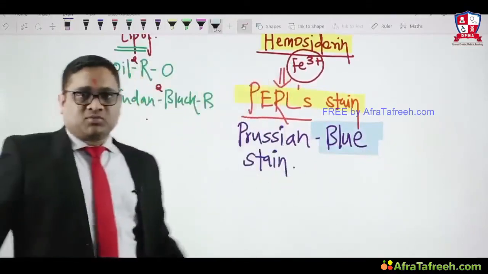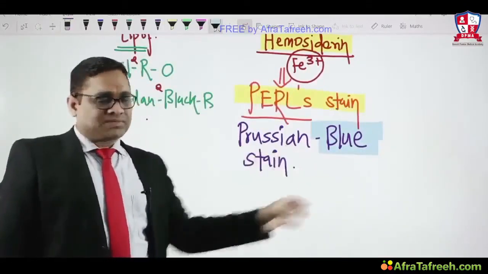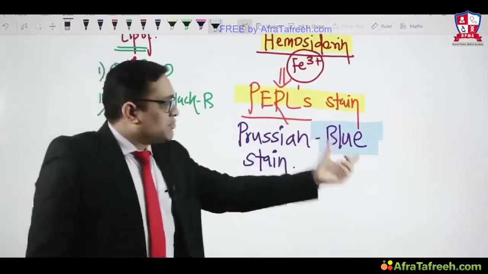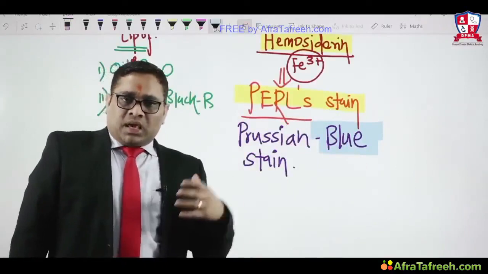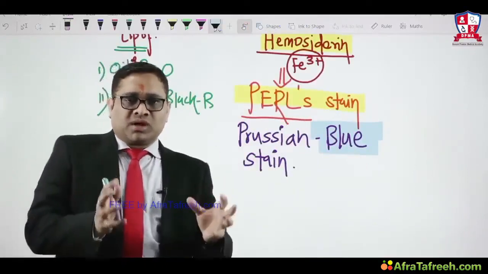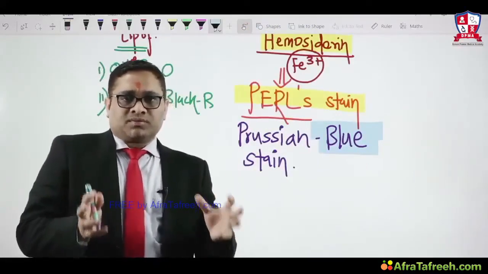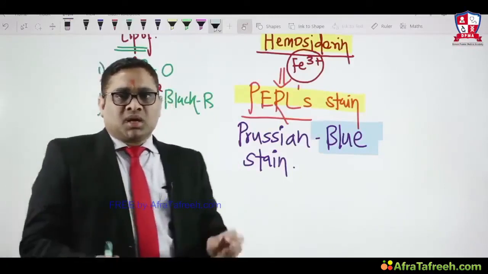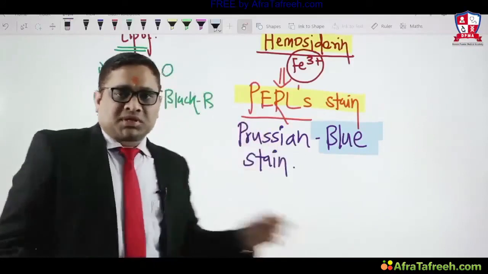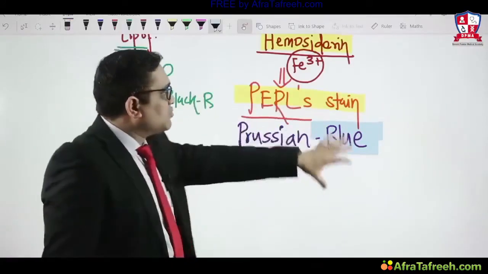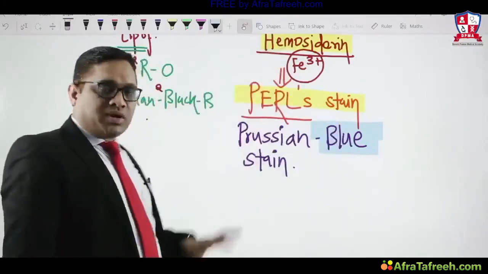So it will detect iron in Fe3+ form, and it will appear blue in color. That was the question in AIIMS 2016, where they had shown one image of a liver biopsy. It was hemochromatosis, and the pigments were blue, and they asked what is the name of this special stain. That is Pearl's Prussian blue stain. Hemosiderin will look blue in color, right?